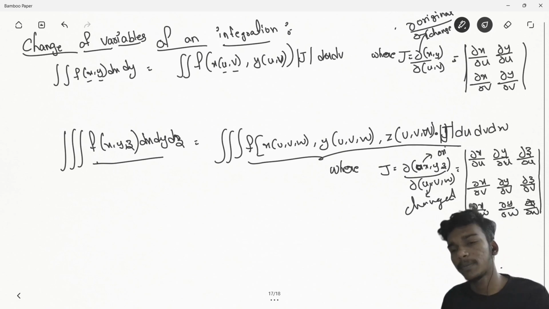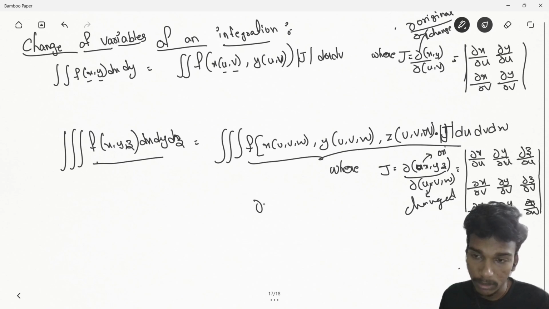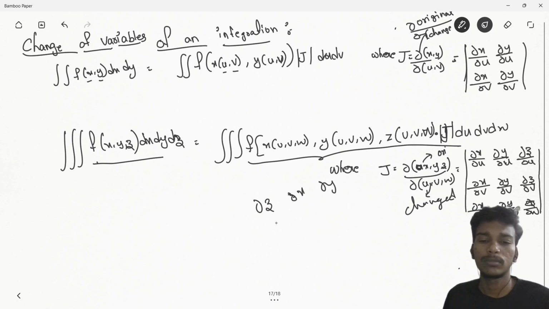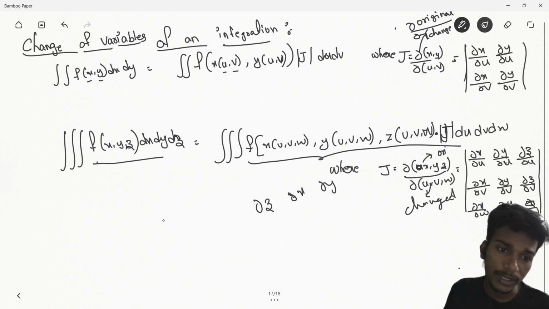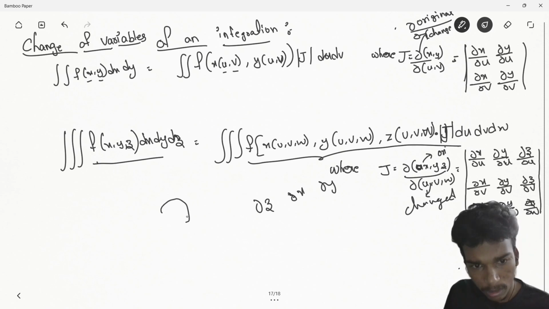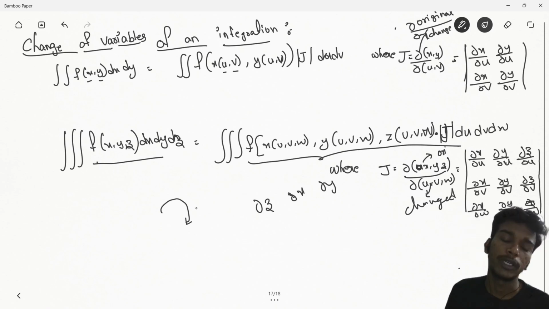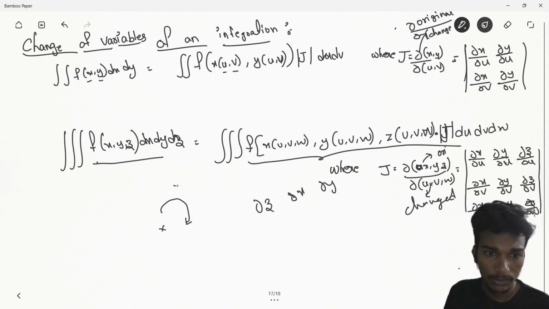If you are going to consider dou z, dou x, dou y also, no problem. It's not a big issue, as far as we are in the clockwise direction of rotation: x, y, z. This is a clockwise rotation, right?